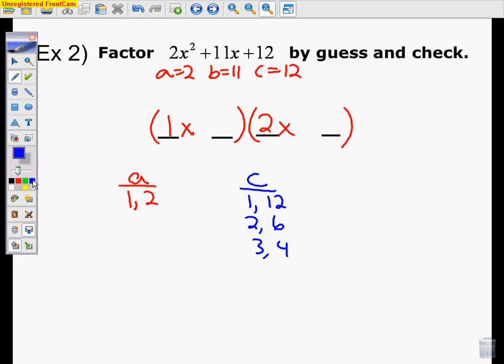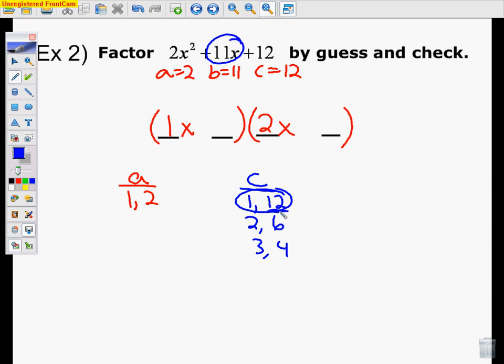Now, one comforting thing about this method is the more you do these types of problems, sometimes you get to be kind of wise about which numbers will work and which ones don't. Like for example, this 1 and 12, I wouldn't even give that one a try because I know that I'm going to be multiplying and it should be adding up to 11, right?